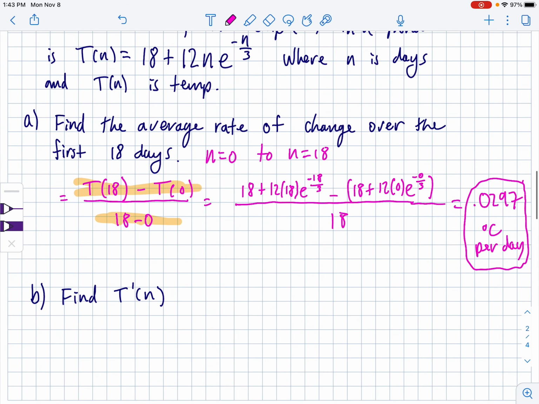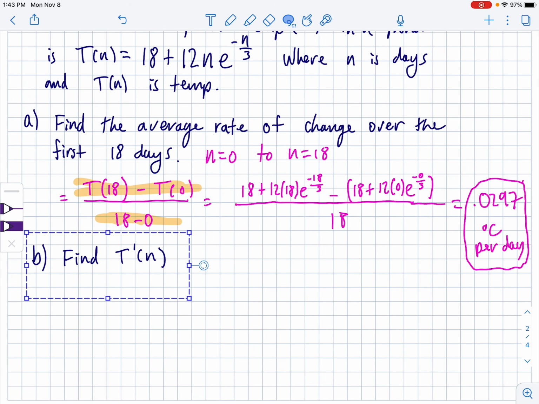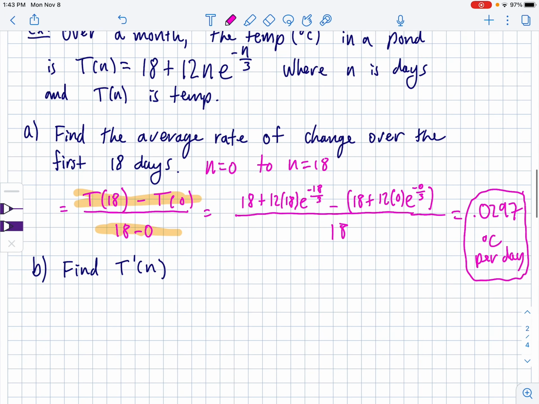Now the next part, find T prime. To find the derivative of T, I see that the 18 we don't care about, it's just going to go away. But this part here is interesting because it's going to be a product rule: 12n times e to the negative n thirds. So that's going to be first d second plus second d first.